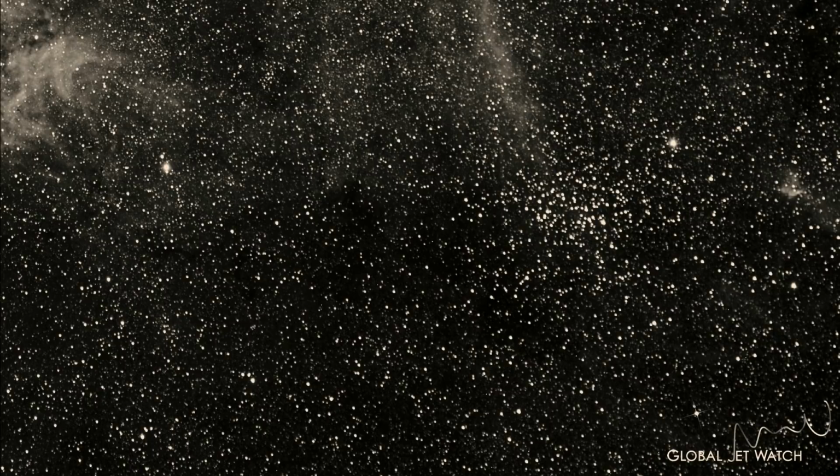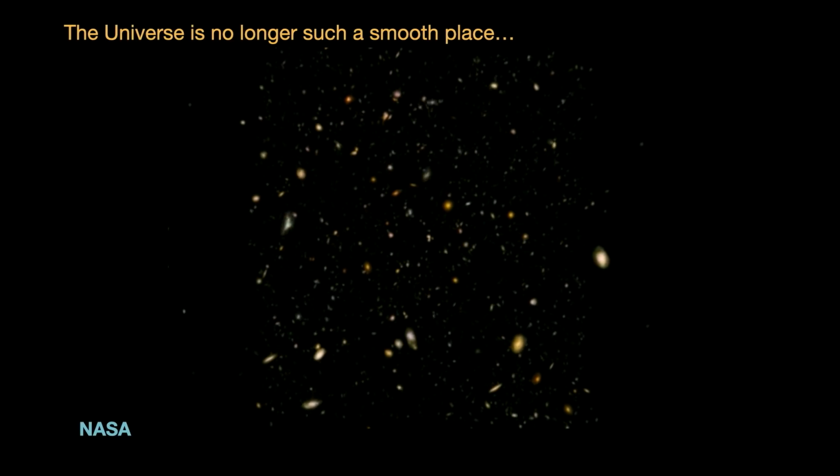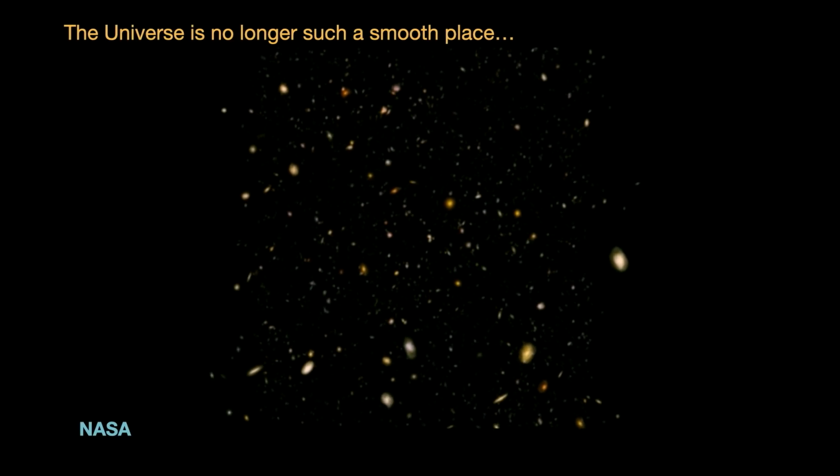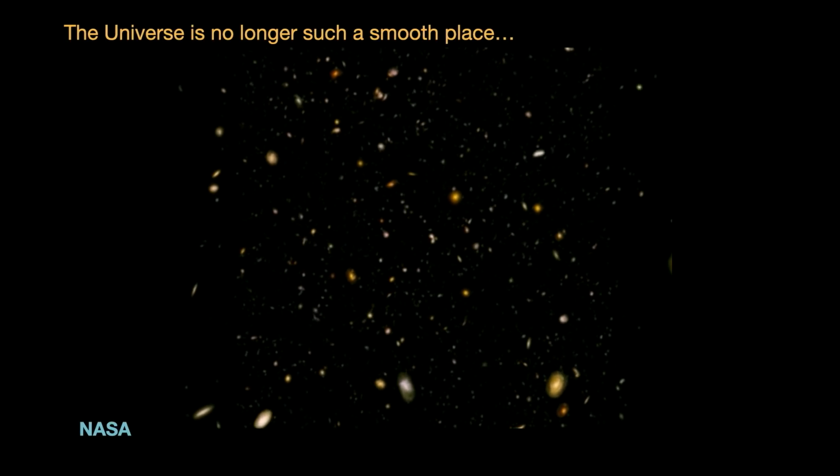So that's looking at stars within our galaxy. They are pretty lumpy. But when we start to look beyond our own galaxy, ideally with the assistance of a space telescope, then there is no doubt whatsoever that the universe now is a very inhomogeneous place.